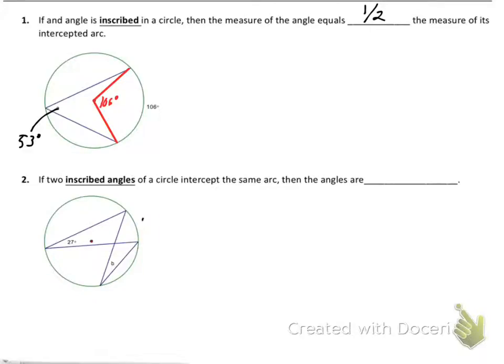So it should be 54 degrees. And if we go back, well, if that's 54 degrees, what is B? Same arc, inscribed angle. 27, yeah, 27. So B is going to be 27 as well.